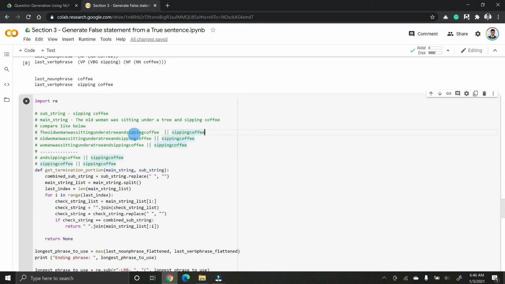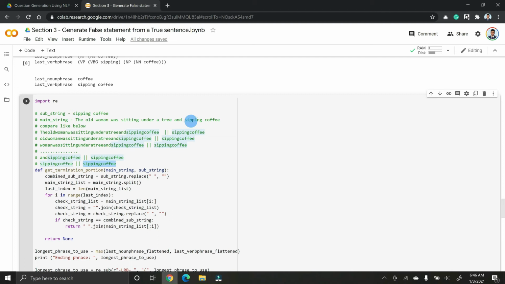I iteratively go through that like this, and once there is a match, I return the remaining string. That is exactly what is being done in this function, where I iteratively remove one word from the main string and compare it with the substring, and only when the main string and substring match, then I return the remaining as the split sentence.